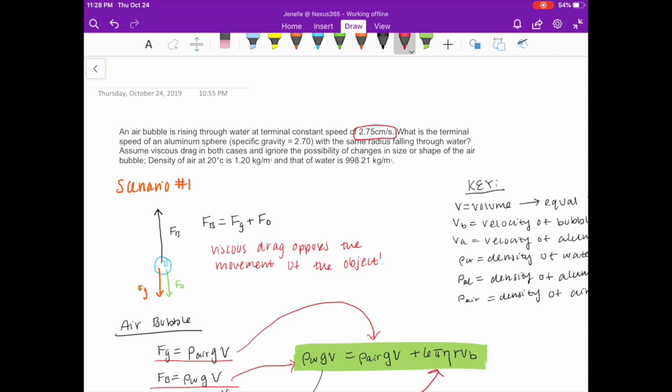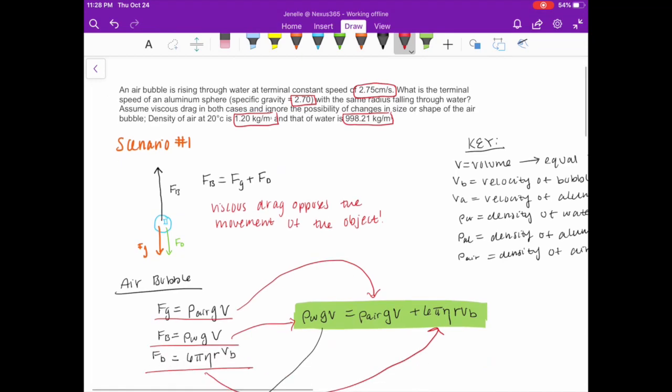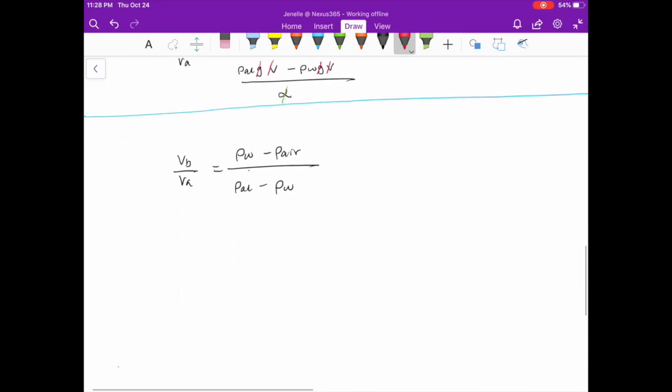Okay, let's go back to the initial problem and figure out what the velocity of the air bubble was, what the specific gravity of the aluminum sphere was, what the density of air is, and what the density of water is. We know that the terminal velocity of the air bubble is 2.45 centimeters per second. We know that the density of water is 998.21 kilograms per meter cubed.